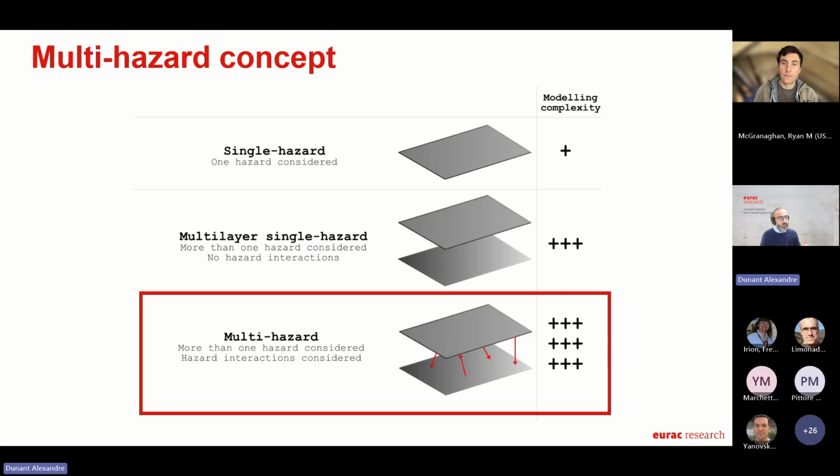The second step, I would say, is what's called in the discipline multi-layer single hazard, where you indeed take into account several hazards, but they're actually not connected between them. There is no interaction. What I was trying to tackle during my PhD and still now is the multi-hazard modeling, where actually those layers are talking to each other, which of course brings a lot of challenge in terms of the modeling complexity.